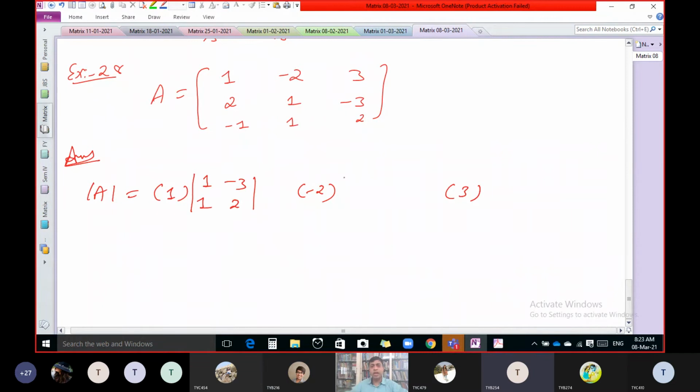Correct. Minor of minus 2: 2 minus 3, minus 1, 2. Correct. And minor of 3: 2, 1, minus 1, 1. Okay. And now here you have to write which sign? Minus, and here plus.